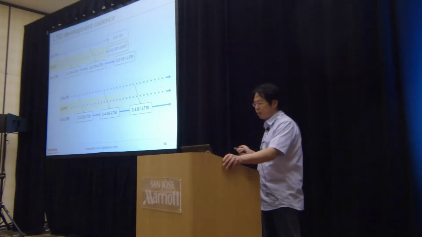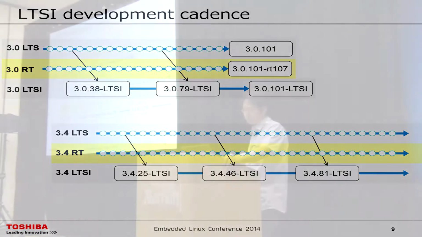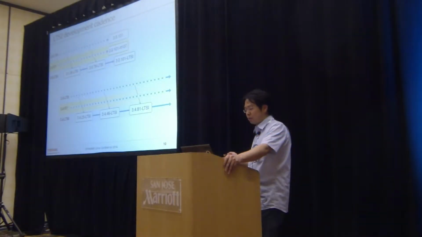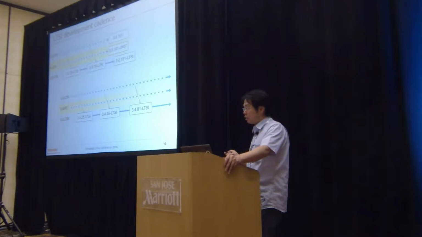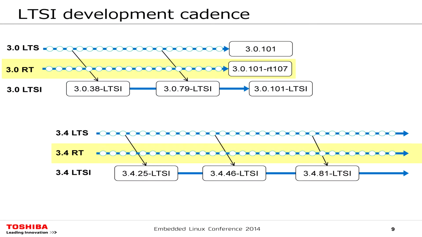The 3.0 LTSI kernel is available from 3.0.38 to 3.0.101, and 3 versions are available. Also 3.4 is under development; it is still in the support phase, and there are 3 releases available now.